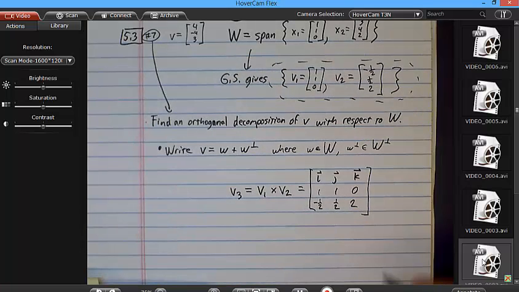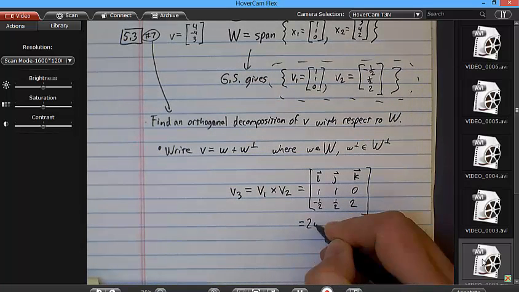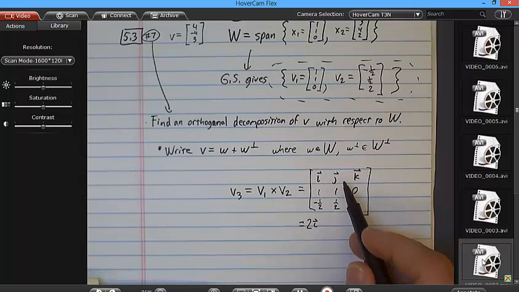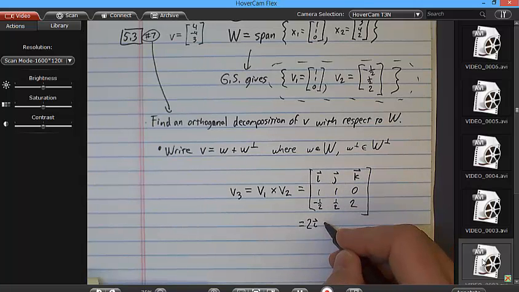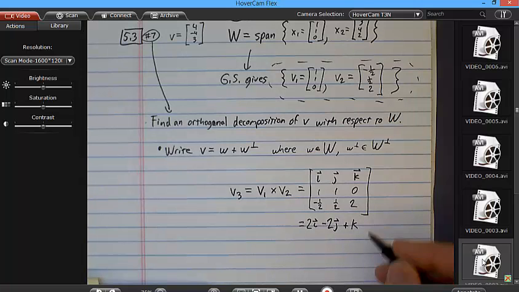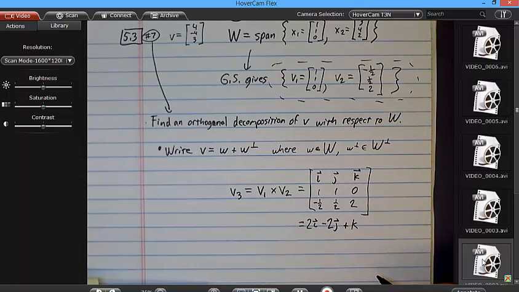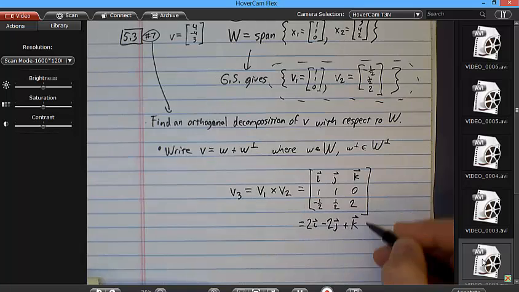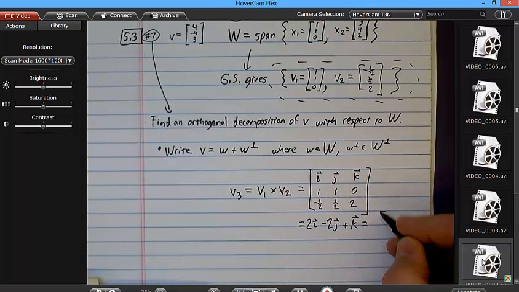Okay, so this equals 2i, and then minus 2j, and then let's see, a half plus a half is 1. So plus k. This is really a nice example. Wow, give Poole some credit. This is the vector 2, -2, 1.